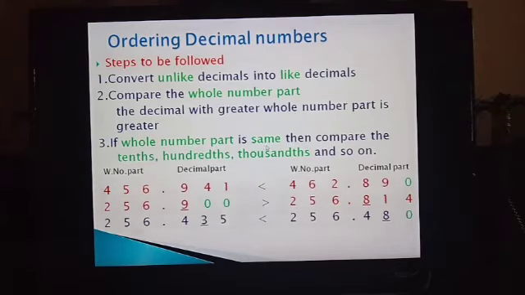If the whole number part is the same, then we compare the next place, that is the tenth place. If you check here, the tenth place is also the same. So what shall we do, children? We move to the next place, that is the hundredth place. Here in the hundredth place 3 is there, here in the hundredth place 8 is there. So 3 is less than 8, no children. So this entire decimal is less than this decimal.